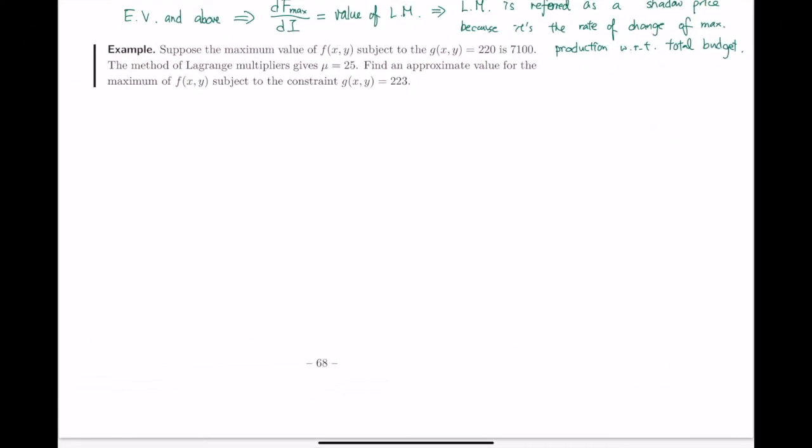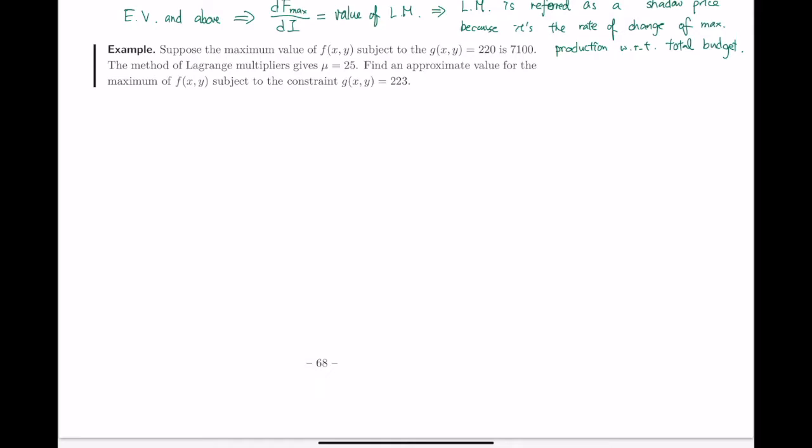Let us look at an example. This is actually an example from the worksheet of Calculus 3. But at that time, without the knowledge of the envelope theorem, this seems to be a very tricky question. With the help of the envelope theorem, it will explain very clearly why this question should be done in such a way. So let's have a look.